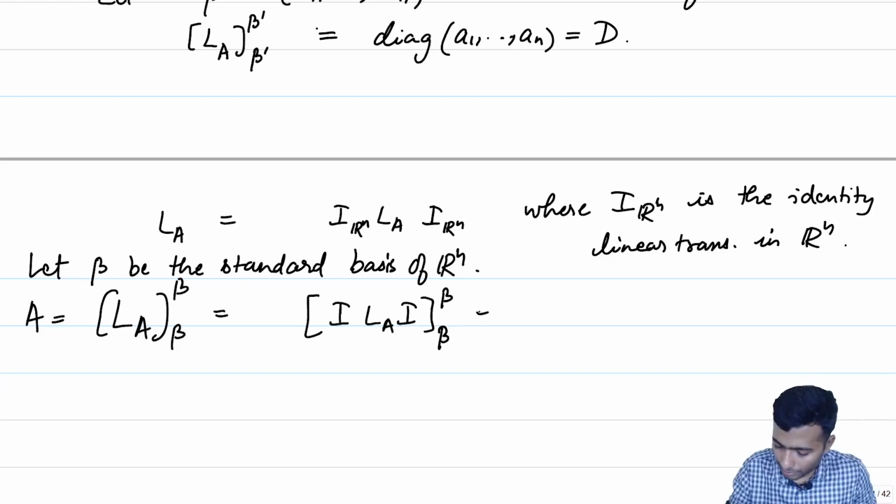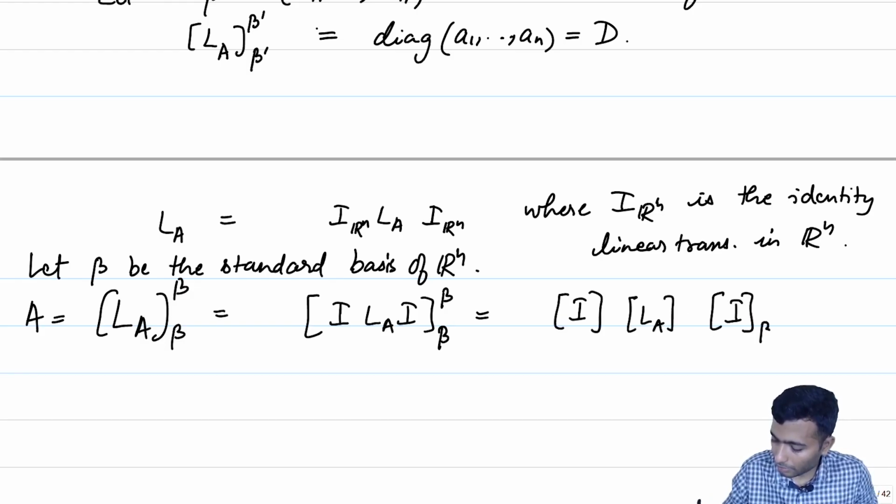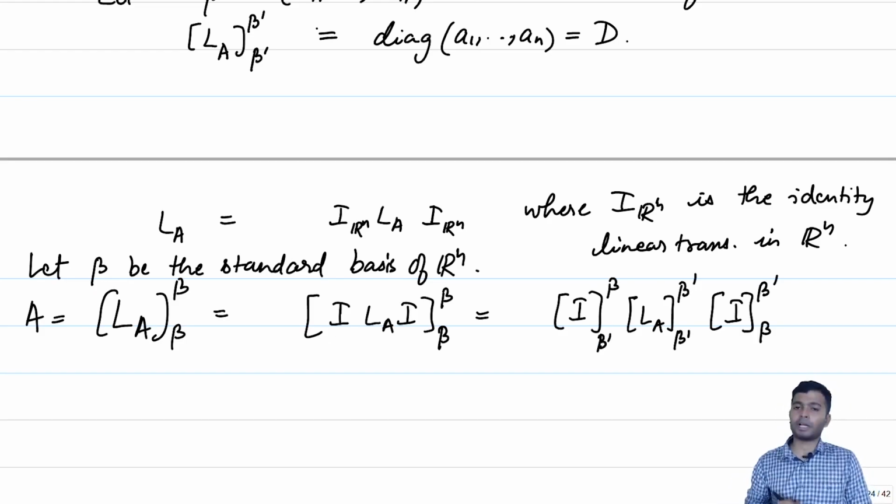Now let us write this as I from beta prime to beta, LA from beta prime to beta prime, I from beta to beta prime, by the consequence of how matrices behave with respect to composition.